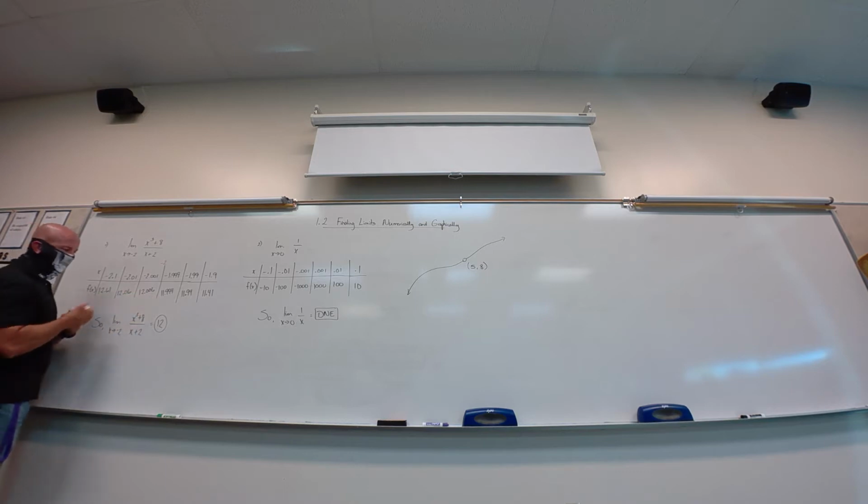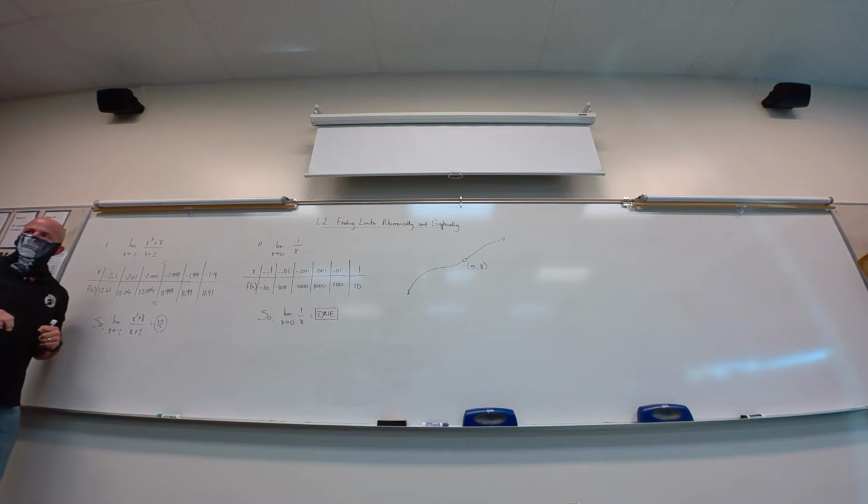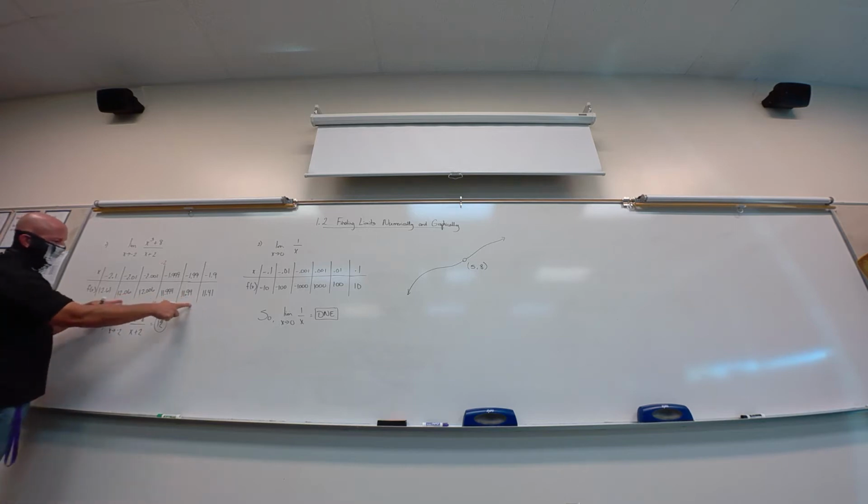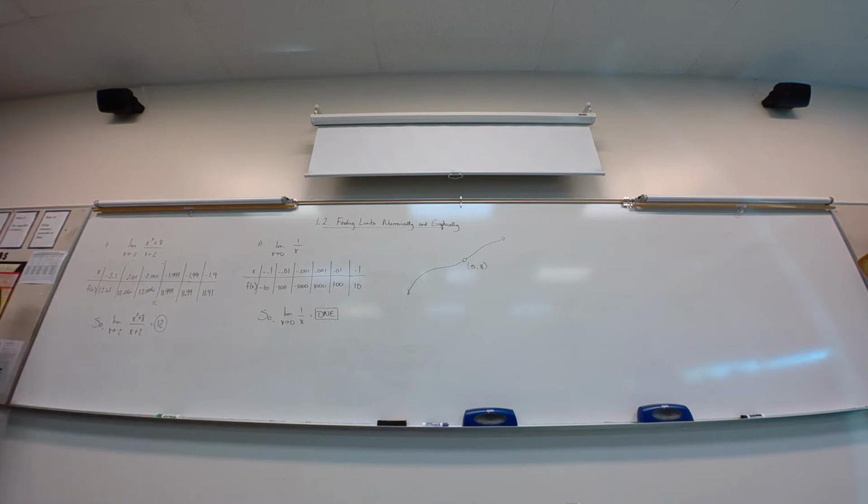Now it won't ever reach 12, because it doesn't exist there, it's a hole. But you can see them closing in on 12 from both sides. So we would say the limit is 12. Everybody okay with that?